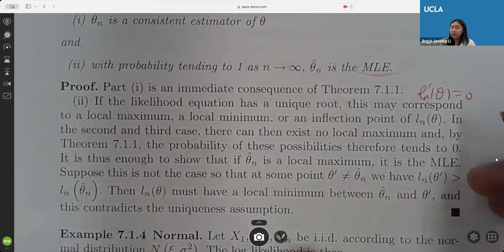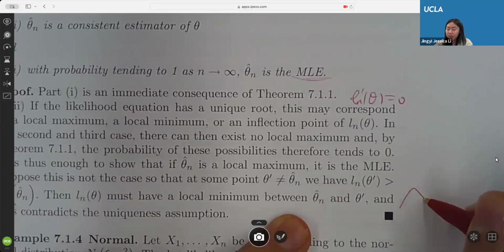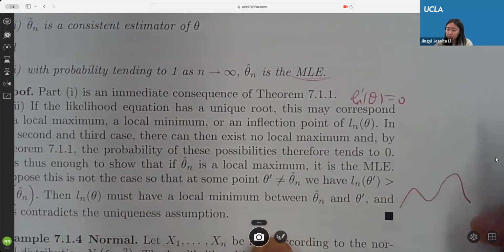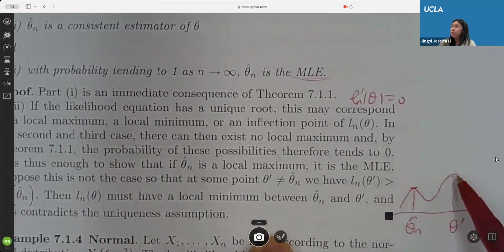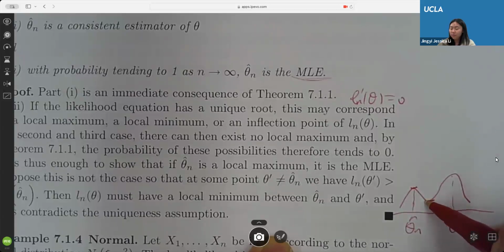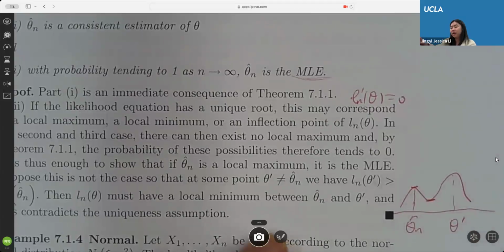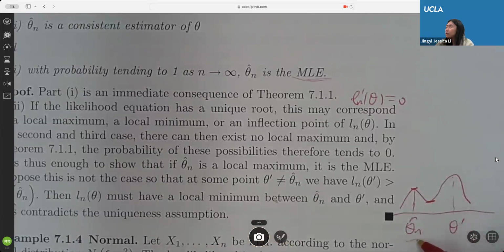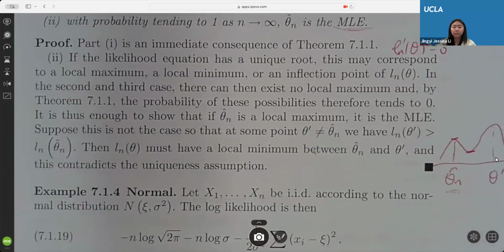Essentially, if you have two local maxima, theta hat n and theta prime, then you must have a local minimum somewhere in between, and that contradicts this being the only root. That cannot happen.